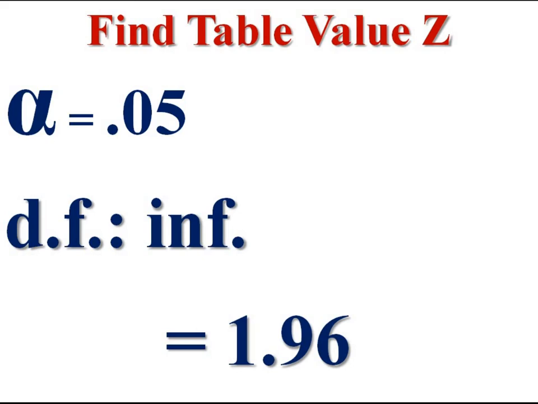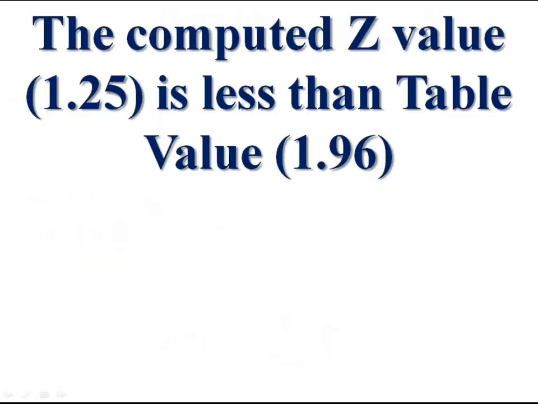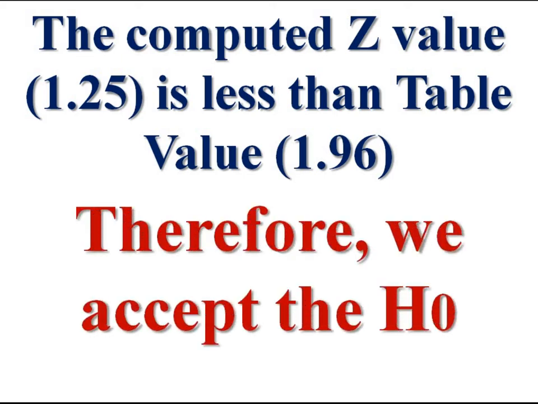Then compare the table value with the computed value. Our computed value 1.25 and table value 1.96, and we can see the computed Z value is less than table value and therefore we accept the null hypothesis. As the test statistic is less than table value, it falls in the acceptance region and we accept the null hypothesis.